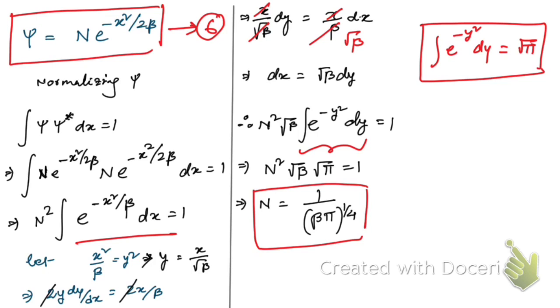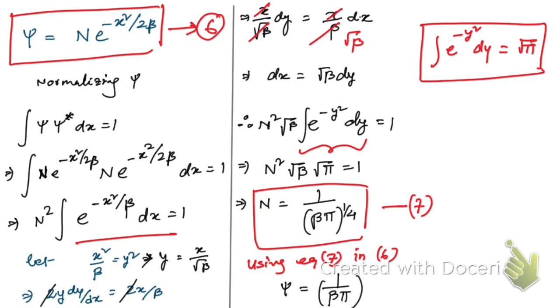Using equation number 7 in equation number 6, we get psi is equal to, instead of N, 1 by beta pi whole to the power 1 by 4, and e to the power minus x square by 2 beta.